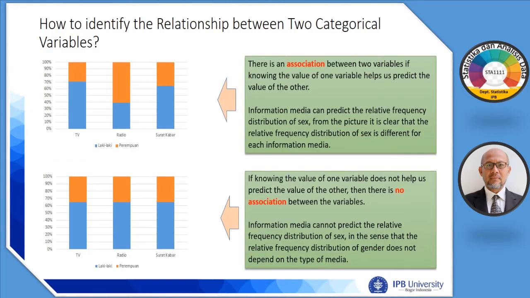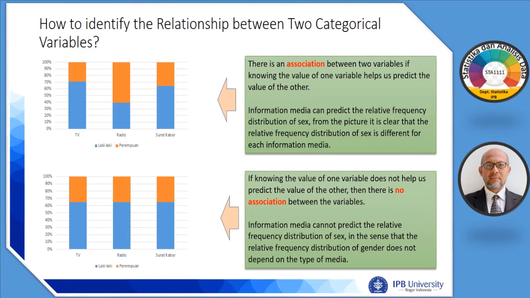So to answer the question of how to identify the relationship between two categorical variables, there is an explanation like this. For example, you make a graph like this across the media, and in each medium you have a graph with the colors blue and brown.